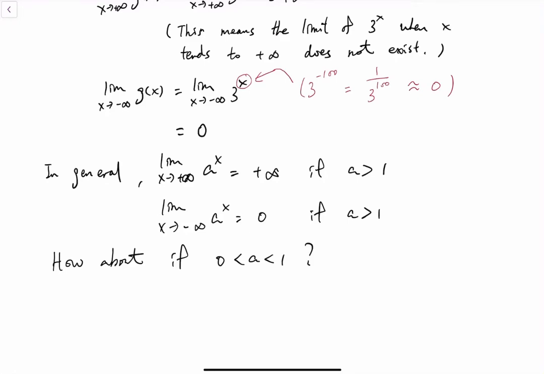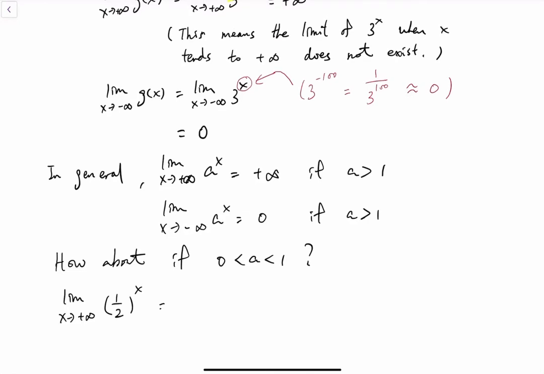I can just use one case to illustrate what to do. If this time a, for example, is 1 over 2, then what should we do? We can make use of this: 1 to the power x is still 1, right?